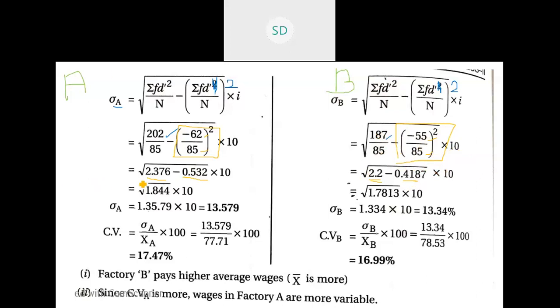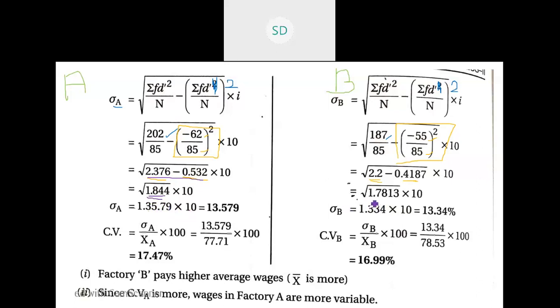Now let's go on to the next step. When I subtract these two values, I get the square root of 1.844 into 10. Do not multiply by 10 at any step here. Only in the last step, after calculating the square root, you have to multiply by 10. So be very careful with that.